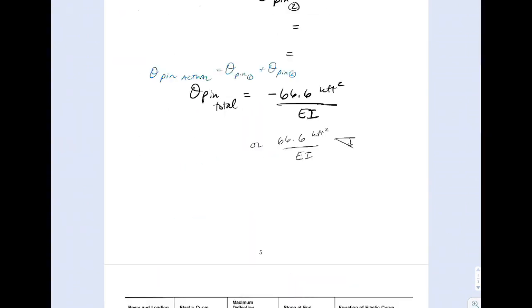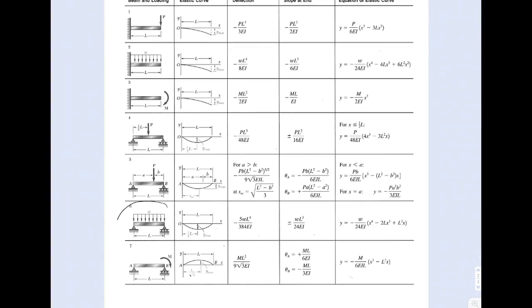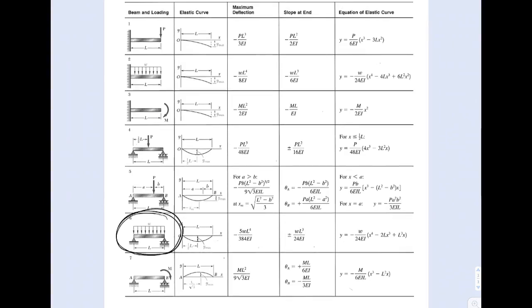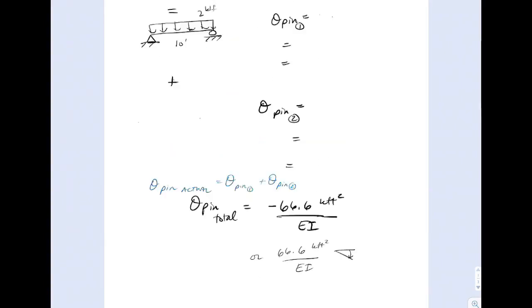Let's scan down to it. We've got case number 6, which is the exact same picture. We can find the slope at either end. We're going to use the left end, and we'll determine if it's positive or negative based on the deflected shape.